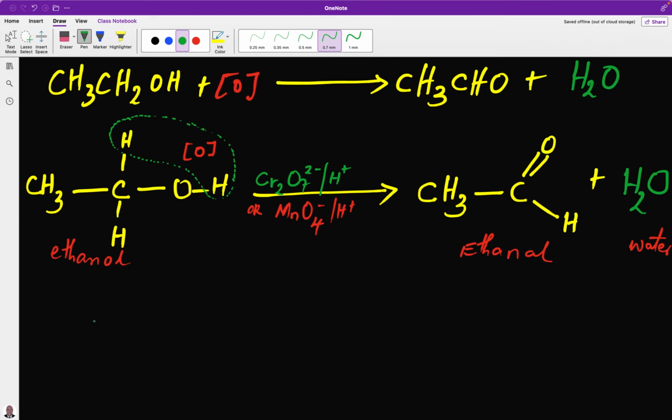Note, under this condition, if the product formed is not distilled off immediately, it will further be converted to the corresponding ethanoic acid.